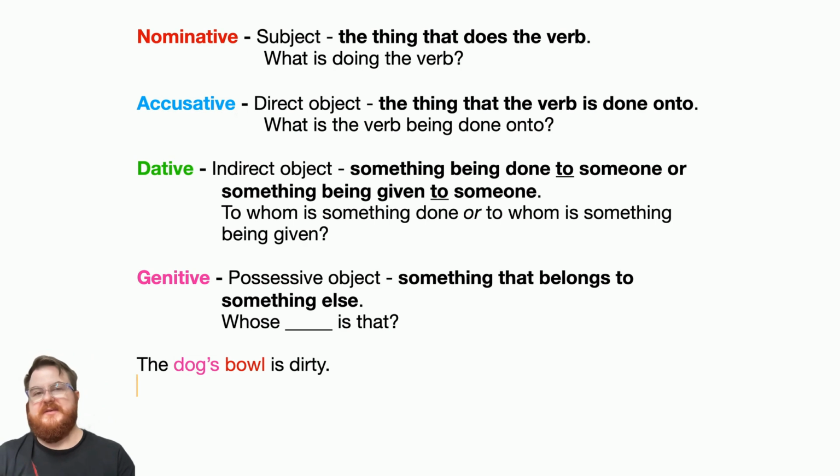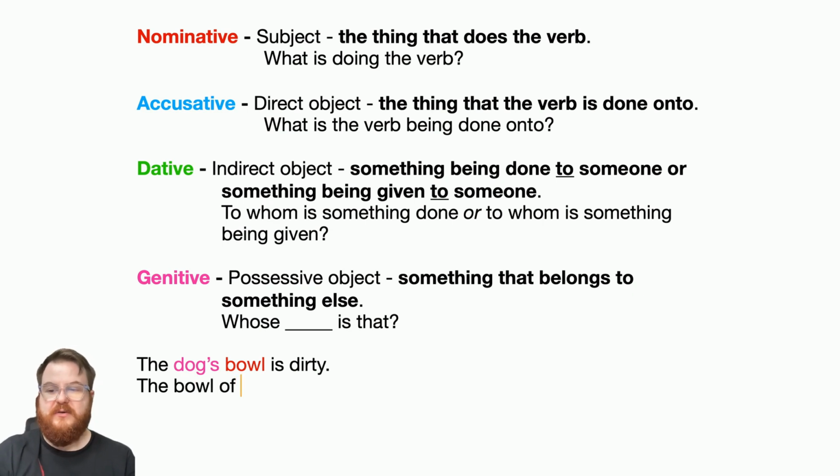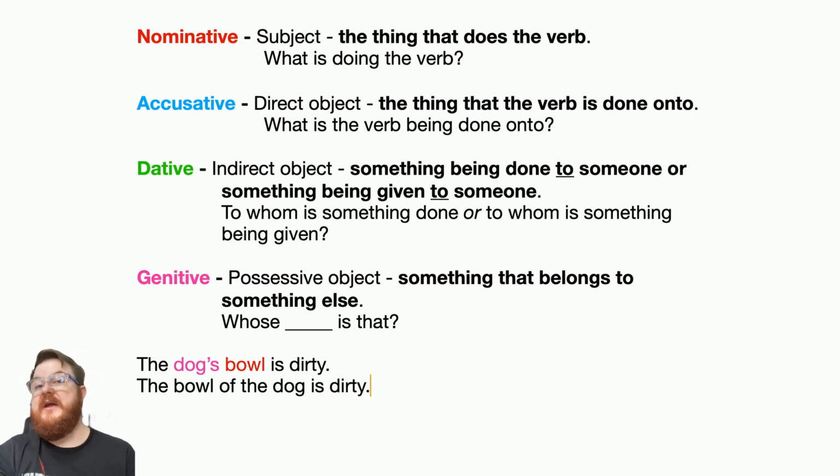The other way we can say this, because in English we can swap that around, is the bowl of the dog. This sounds a little unusual in English, but very useful for speaking German. I'll come to that in just a second. Let me mark it up. Bowl is still nominative, and of the dog is possessive. It's the genitive. Okay, so these are the two things that we want to look at here.